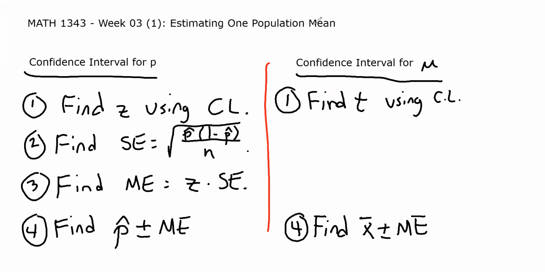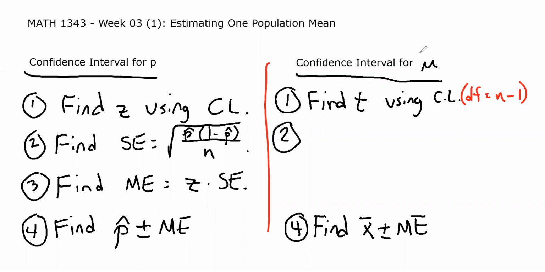But being the T-chart, we have to have something for the degrees of freedom. Degrees of freedom, abbreviated DF, when estimating mu, is just lowercase n minus 1. In other words, the sample size minus 1. And we'll illustrate this in the next video.